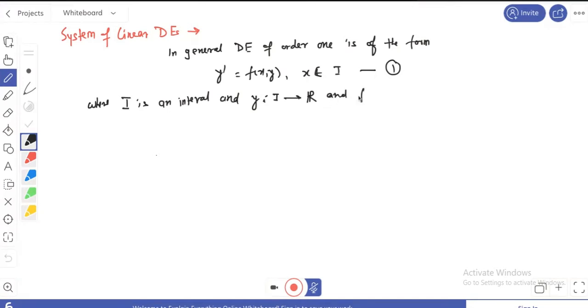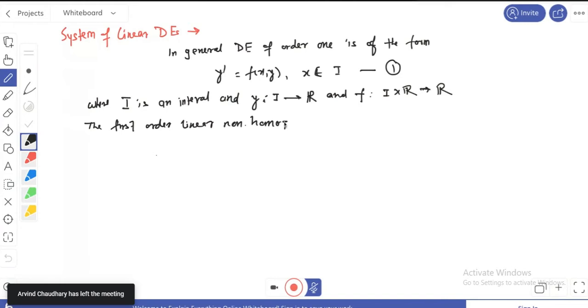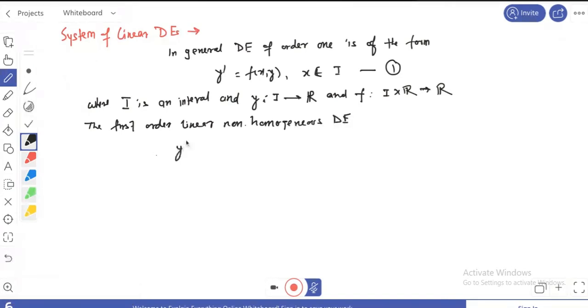And what is f? f is a mapping from I cross R. Here the first order linear non-homogeneous differential equation is defined like y prime plus some function of x times y equals bx.